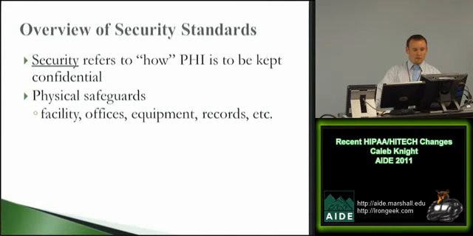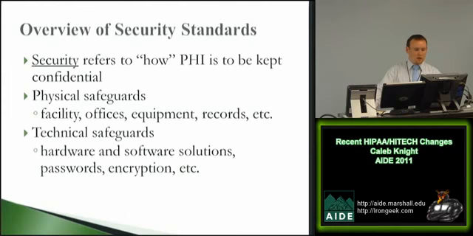Basically, it involves physical safeguards, such as guards, locks on doors, and equipment or records being kept in secured locations. But it can also be, and does often include, technical safeguards, including passwords, encryption, and software solutions. So it's important to understand that under HIPAA, patient information can be protected both in paper form and in digital form.